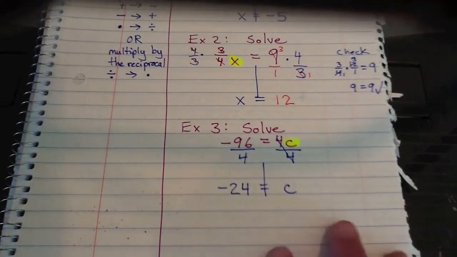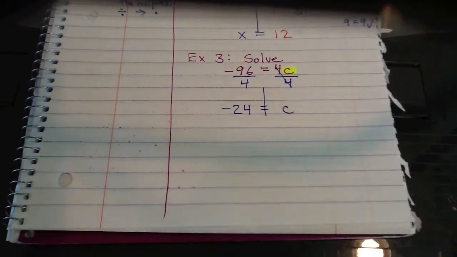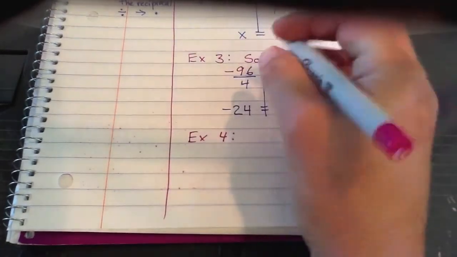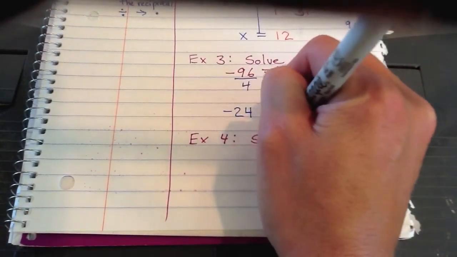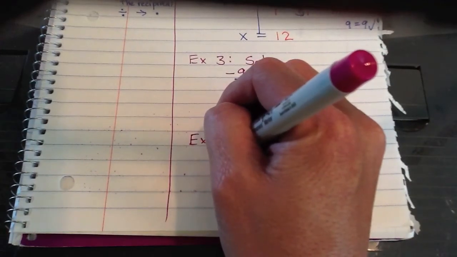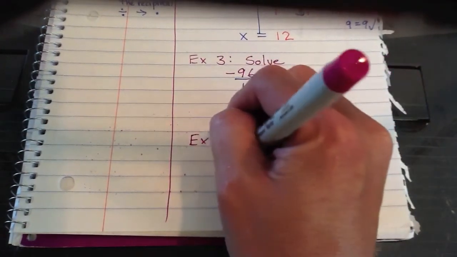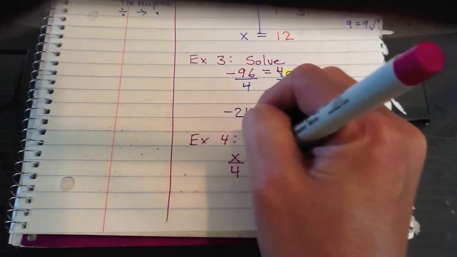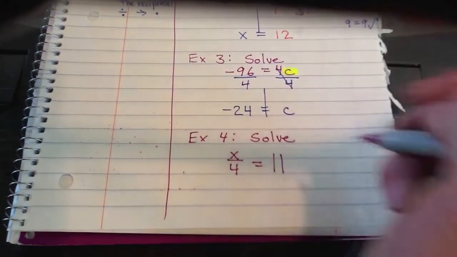So I did that correctly. Example 4, last example. Solve x over 4. Oh no, there are 2 more examples, sorry. x over 4 equals 11.